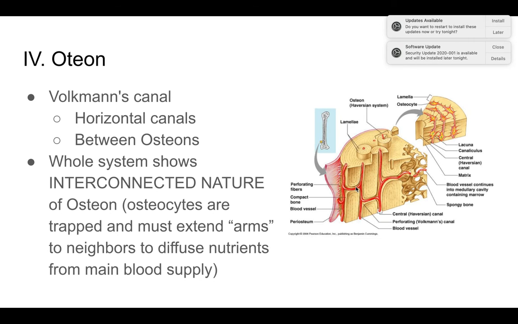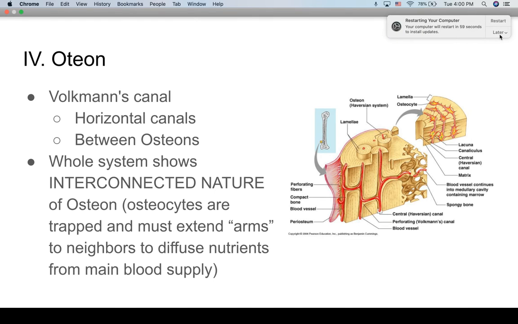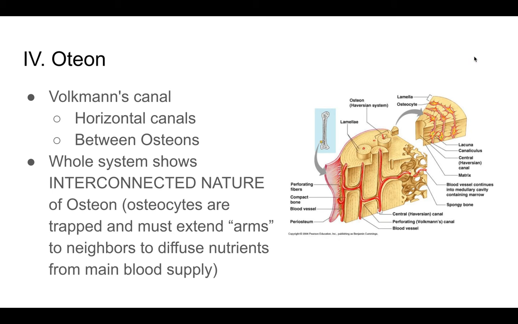Here's a big note that is very important. This whole system that I've just described details the interconnected nature of an osteon. So think about all of these players being dependent upon each other.